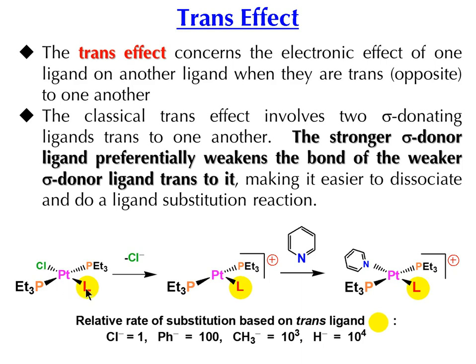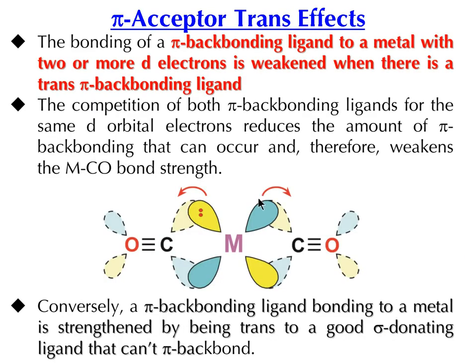So the presence of L trans to Cl will weaken the platinum-Cl bond, so Cl- can be dissociated easily to open a vacant site. Then the addition of a coordinating ligand will occupy this vacant site. This is the pi acceptor trans effect.